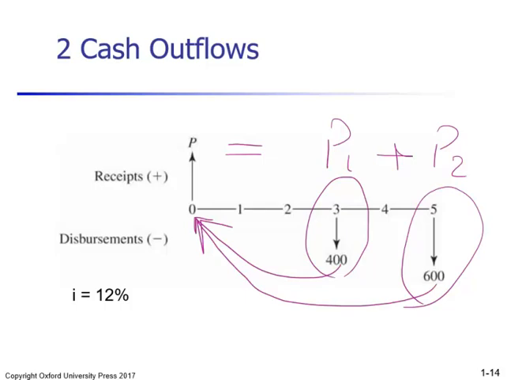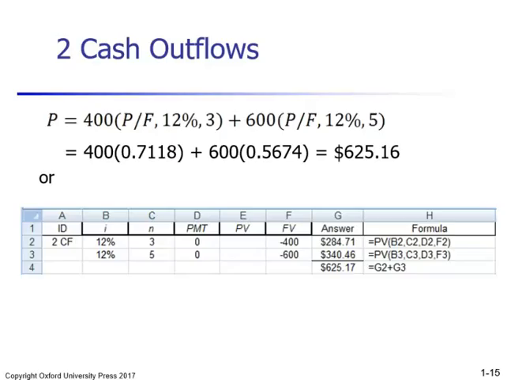Okay, here is the answer. Since our focus now is on spreadsheet, on Excel, I'm going to just discuss this part. So we have two present value calculations, one for 400 and one for 600 with these details.